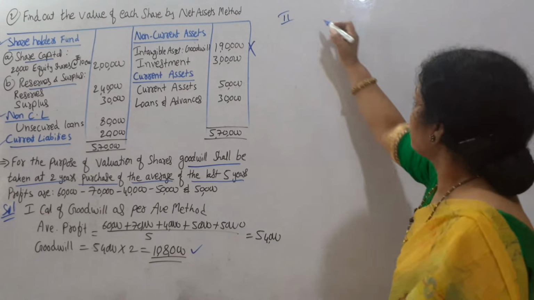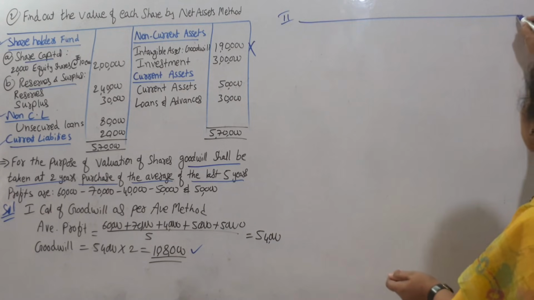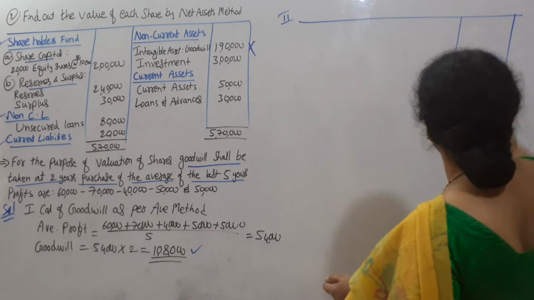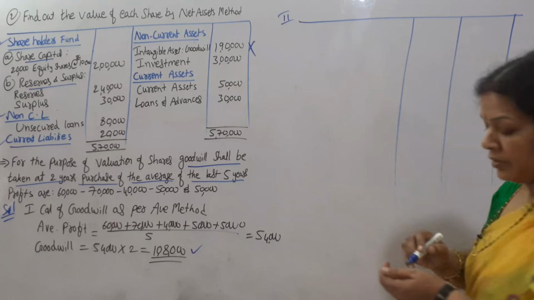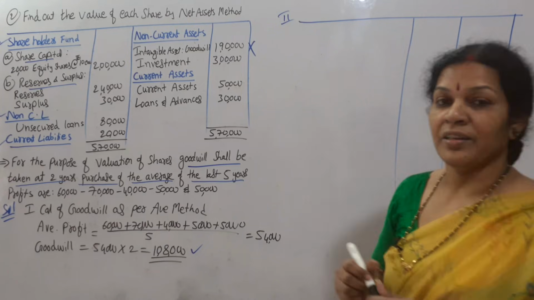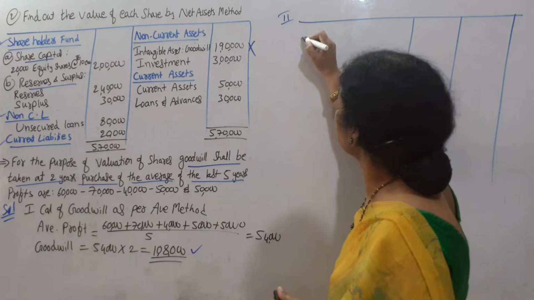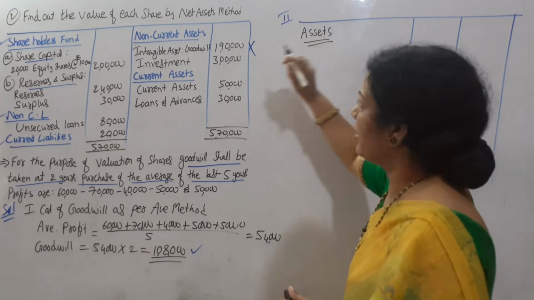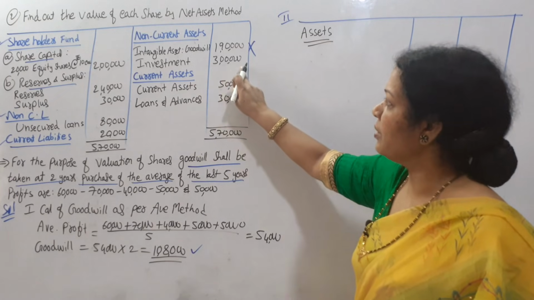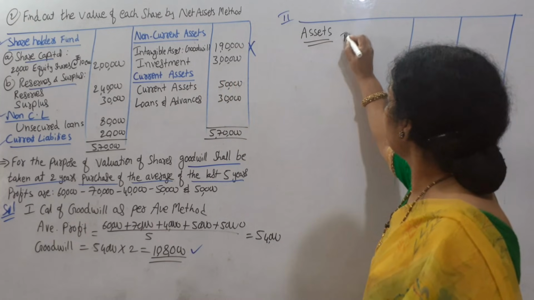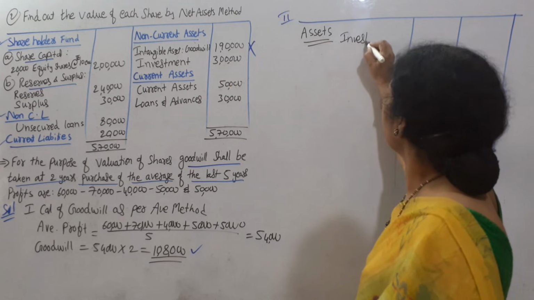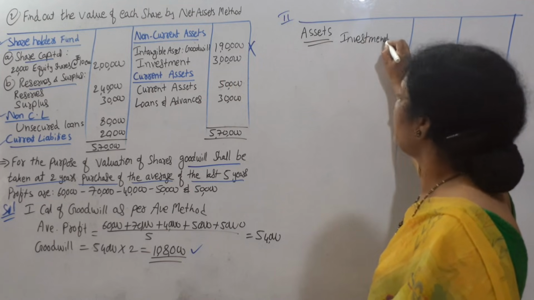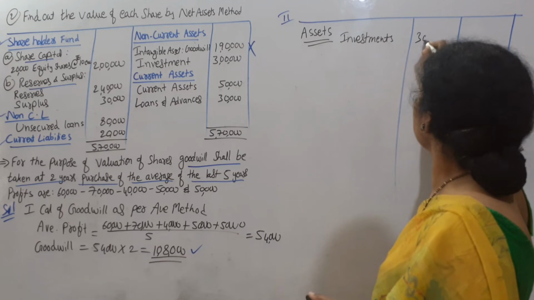For net assets, what do we need? Format. First we will take assets. What assets are we going to take? First of all, investments, 3 lakh.